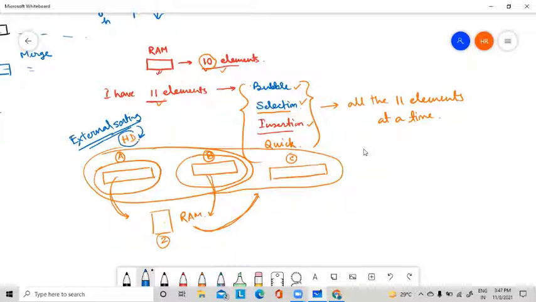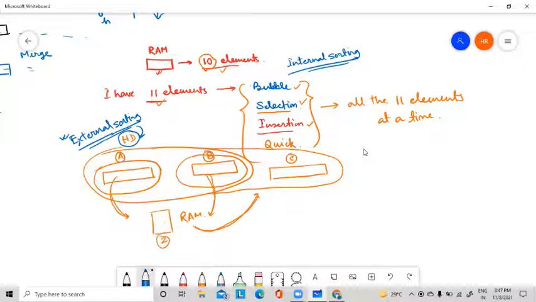But these sortings, bubble, selection, insertion, quick, are called internal sorting. It means they require the RAM, internal memory, to perform the sorting. But in case of merge sort, we can use the hard disk. That's why merge sort is called external sorting.